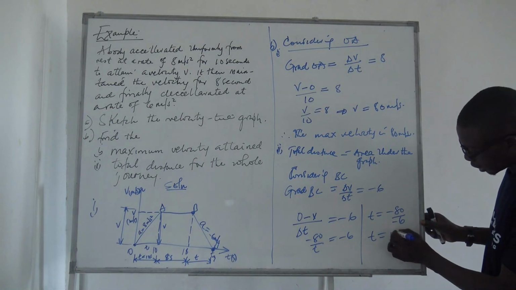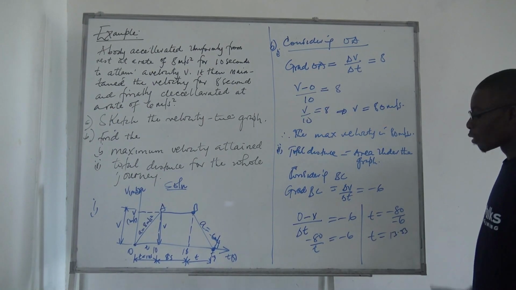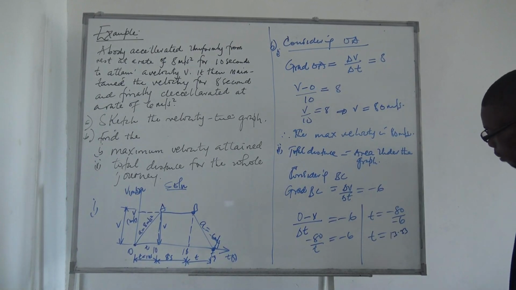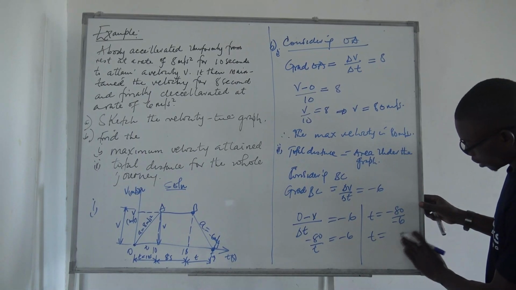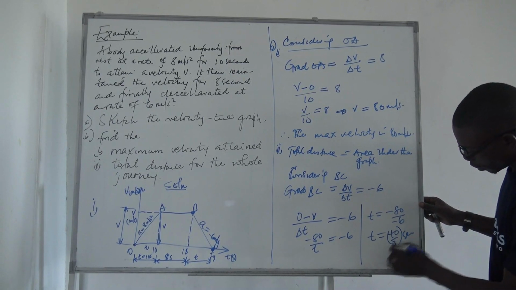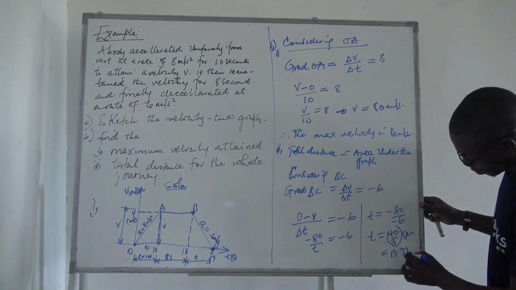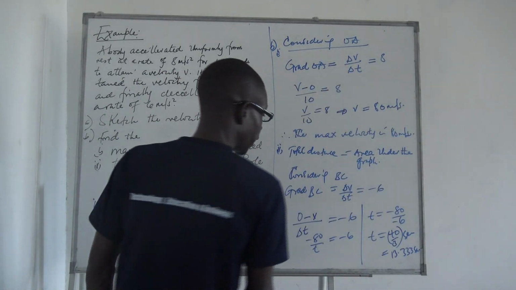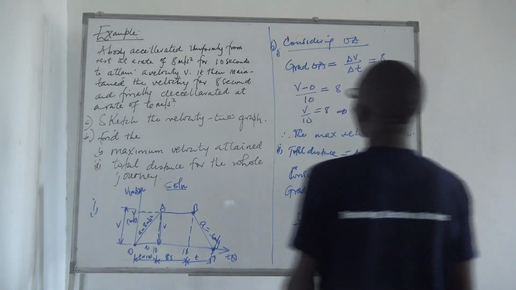That is 13.33, or you can reduce it by 2 to become 40 out of 3. Become 40 out of 3 seconds, that is 13.33. That is the time taken.